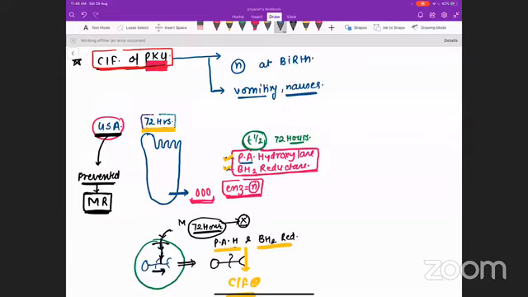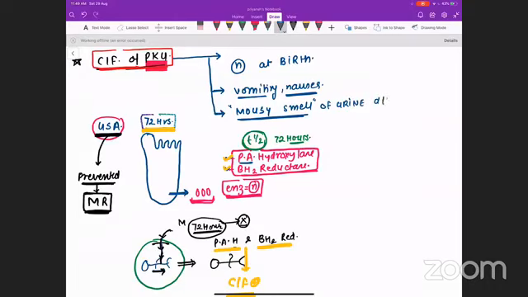The nausea and vomiting is not so pronounced, but later on in life, the baby can have a mousy smell of urine. The body secretions will have a mousy smell due to the presence of phenyl acetate.